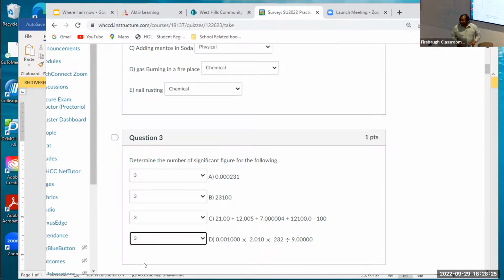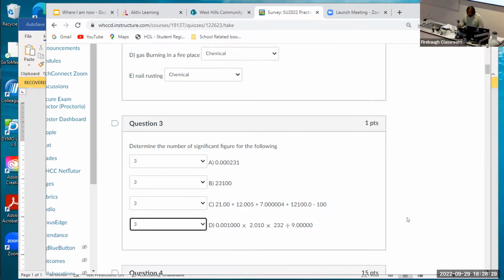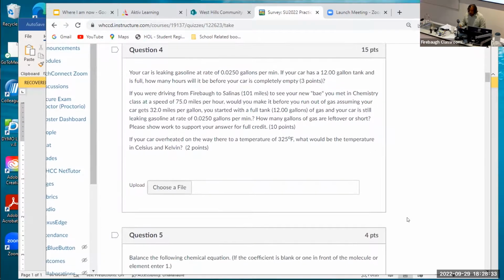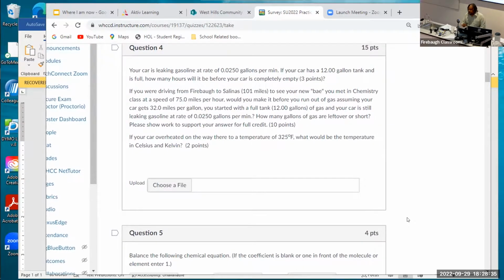The next one. A car is leaking gas at a rate of 0.0250 gallons per minute.